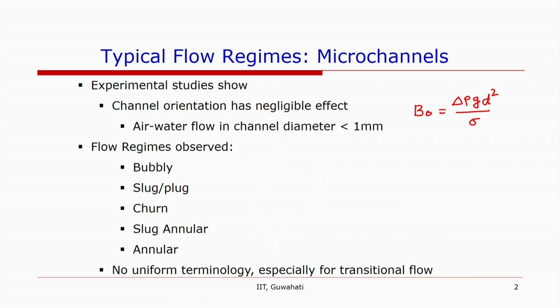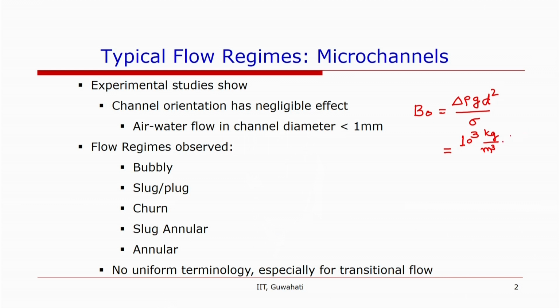So, if we take the density of water to be 1000 and the density of air is almost negligible, we keep 10 to the power 3 kg per meter cube as delta rho.